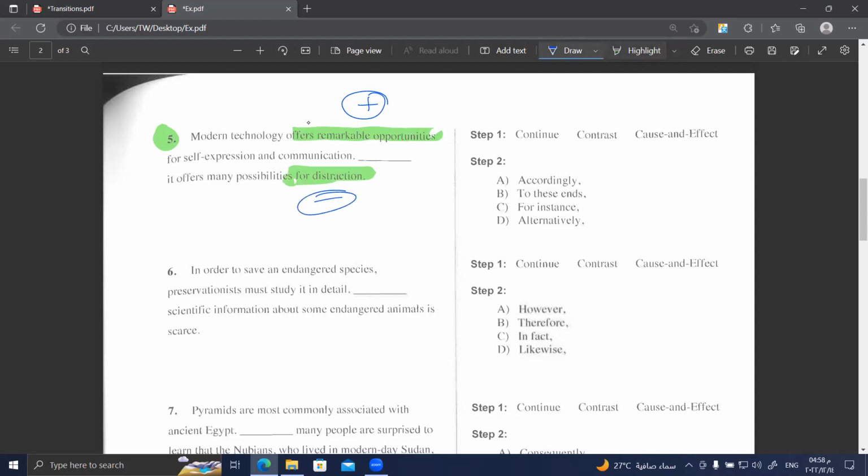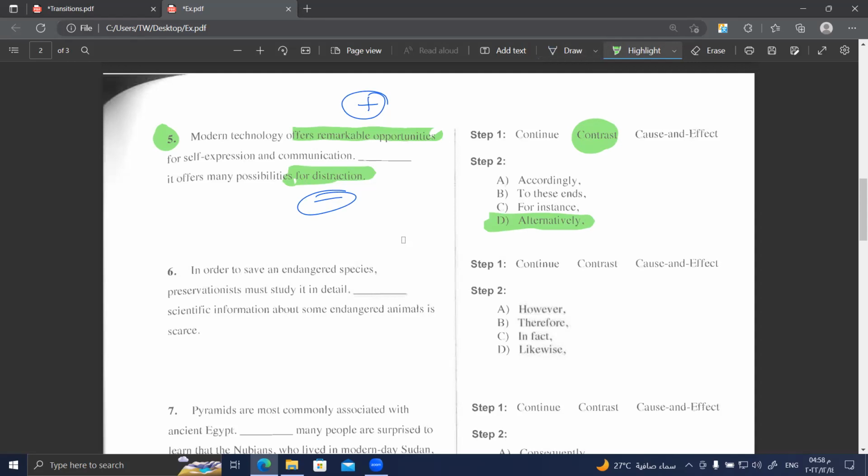Positive, negative means I need contradictor. That is contrast relationship. The only contradictor here is alternatively. The only contradictor. Easy, very easy, guys. Just one word for contradiction, which is alternatively.